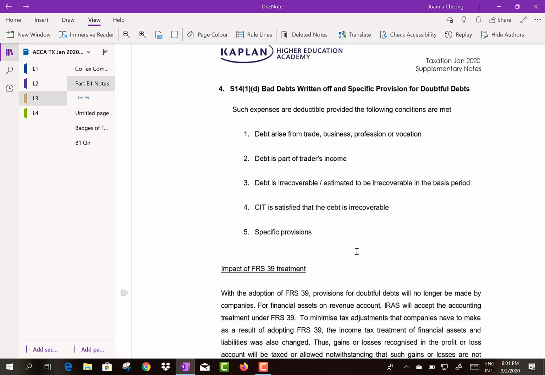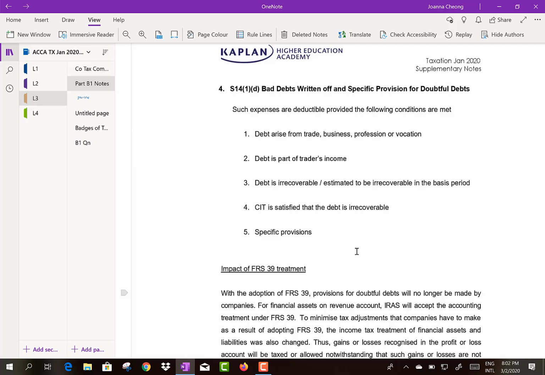And sometimes, you may not be bankrupt. Sometimes, because as an accountant, you need to be prudent, because you hear the market is not very good and you foresee that there are some percentage of your customers who may not be able to pay you. So therefore you need to make what? Provision.